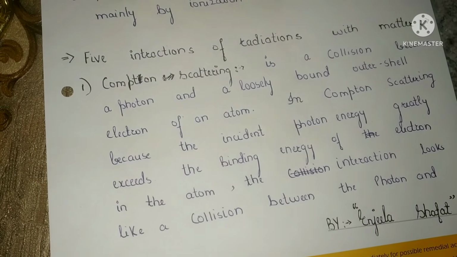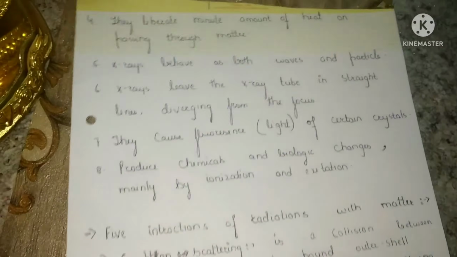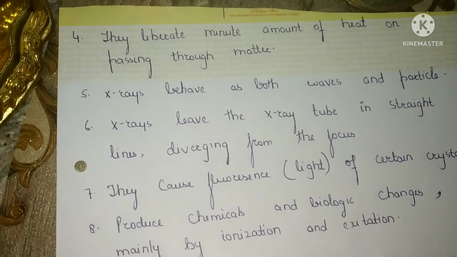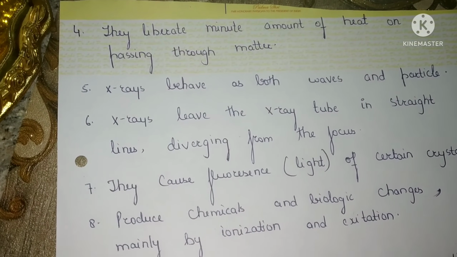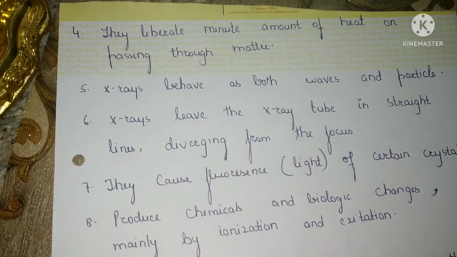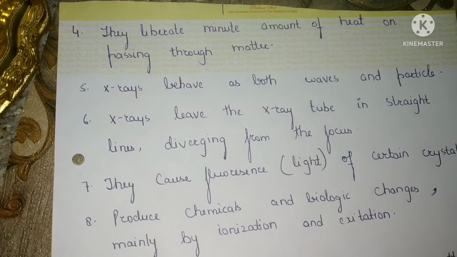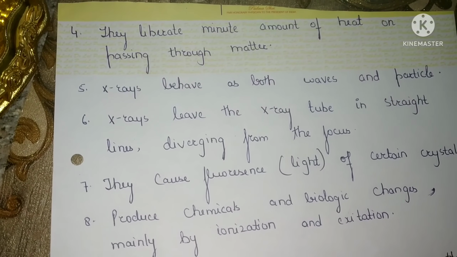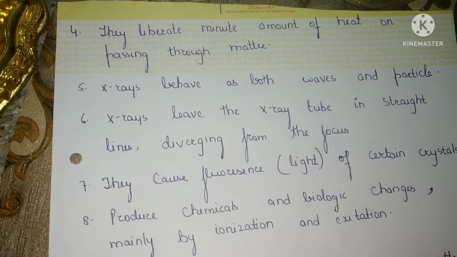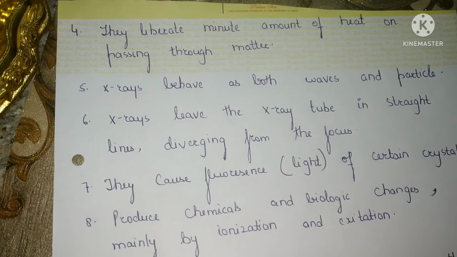The fourth property says they liberate a minute amount of heat on passing through matter. So whenever they pass through any material, they emit a little bit of heat. This is the property of X-rays.